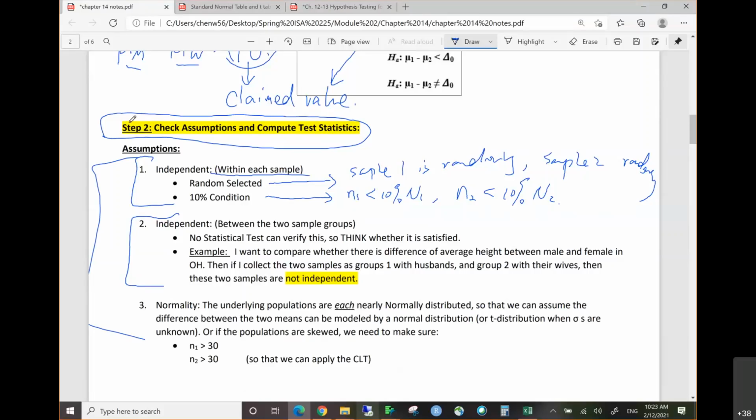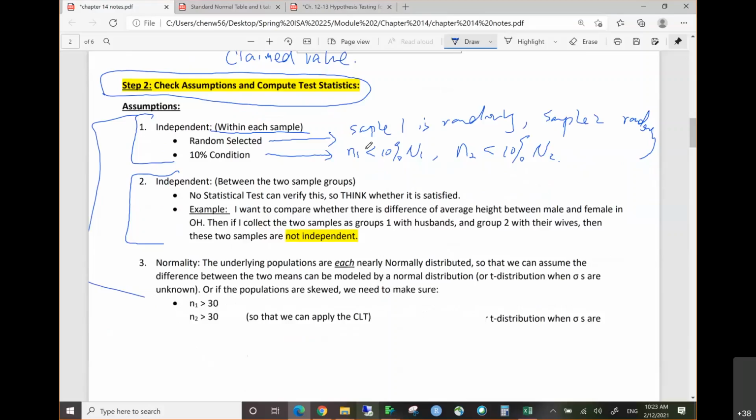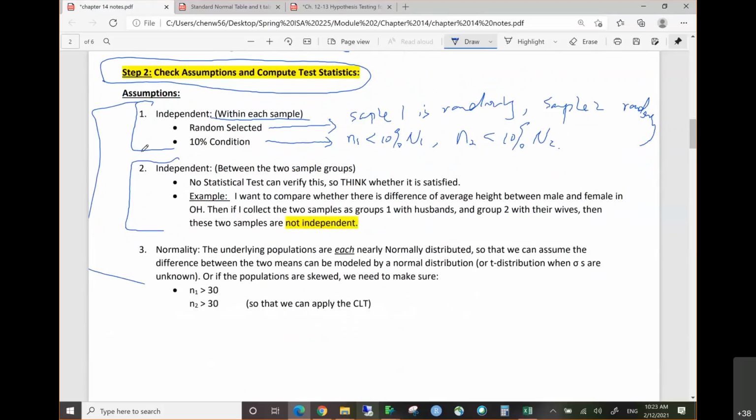So for the two sample test, we have one more assumption to check. We have two independent assumptions. One independent assumption is within each sample: you check the randomly selected and 10% condition. Another independent assumption you need to check is whether these two samples are related with each other.